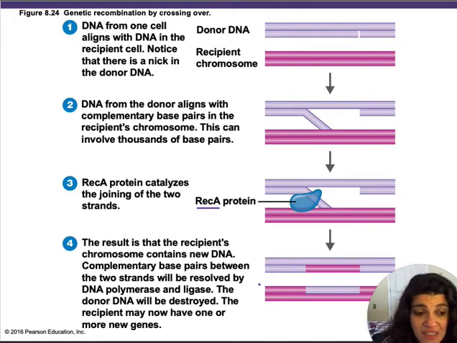And if this cell is dividing, instead of having all purples and all pinks, you're going to have a cell that has all purples with a piece of pink, and another cell that has all pink with a piece of purple. So if here there was a gene for, like, I don't know, hair color, this daughter cell is going to have a piece that is coding for dark color, and this one is going to have a piece that codes for light color.